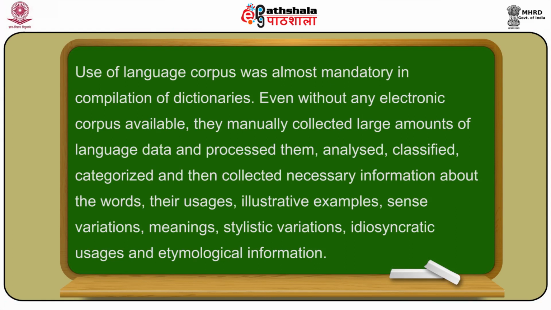compilation of dictionaries. Even when there were no electronic corpora available to the masters of the game, they manually developed large collections of language data, collected, processed, accessed, analyzed, classified, and categorized them, then collected necessary information about the words, their usages, illustrative examples, sense variations, meanings, also some stylistic variations, idiosyncratic usages, and etymological information also, which is not easily available from the corpus but from other sources.